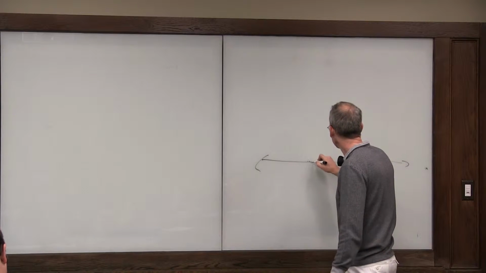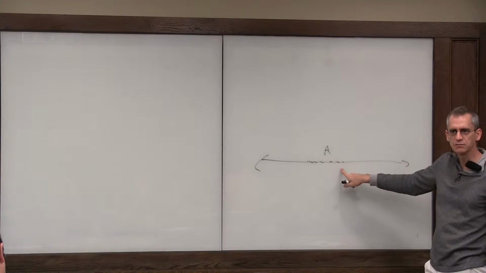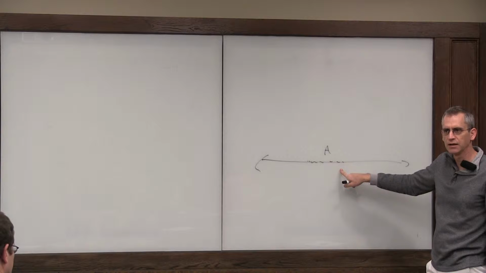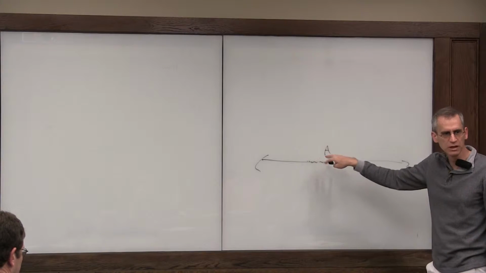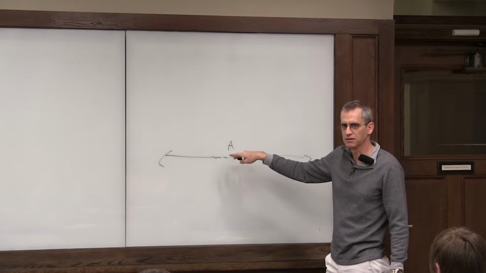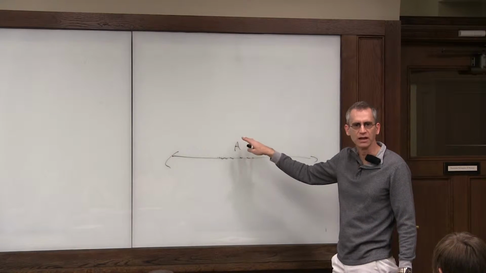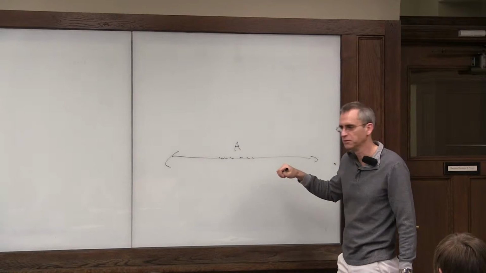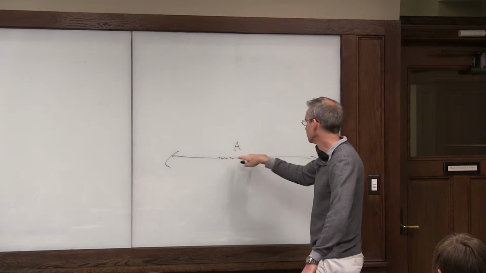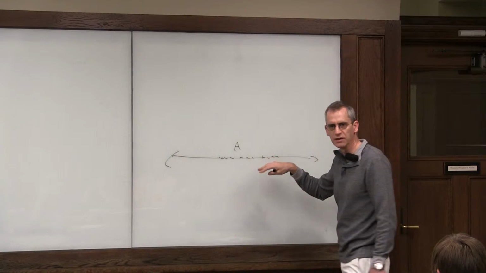But the idea is that if this is your set A, and you also have to stop thinking about sets as being intervals. There are some really complicated sets in there, things you've never dreamed of, fractal kinds of things. There could be big holes, little holes, infinitely many holes.